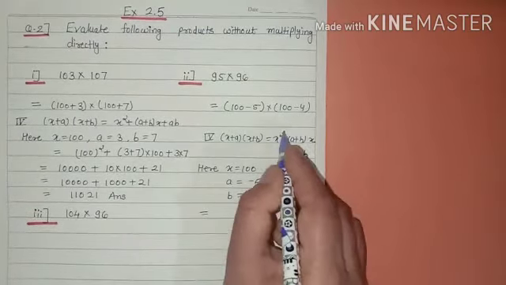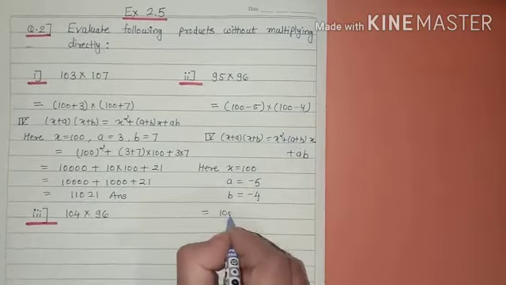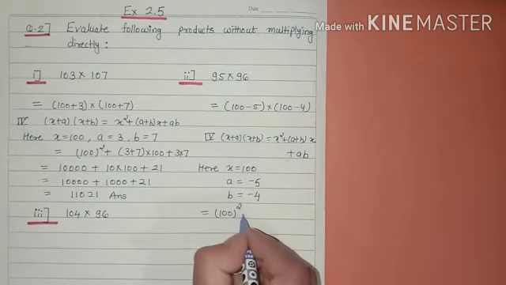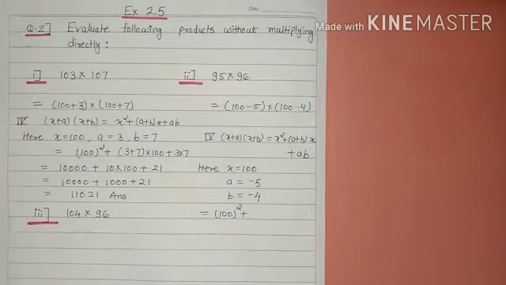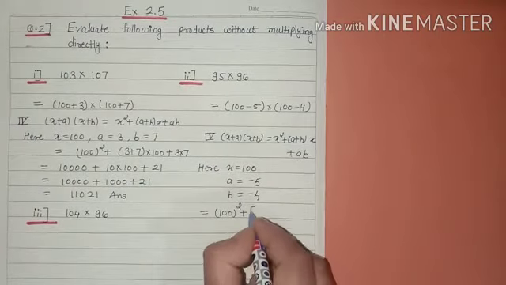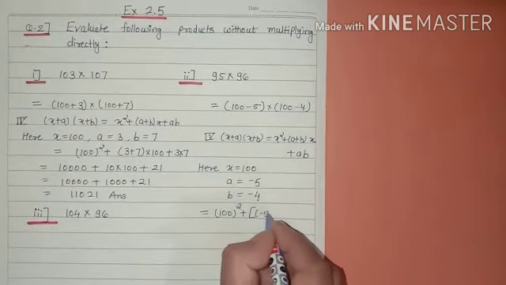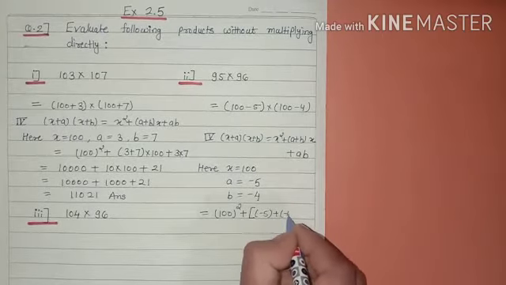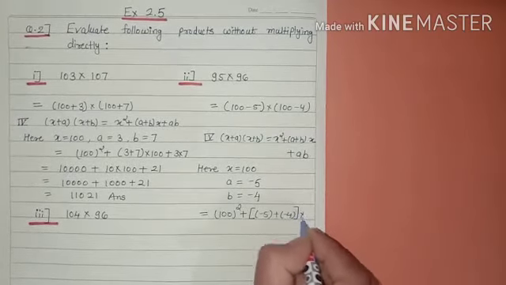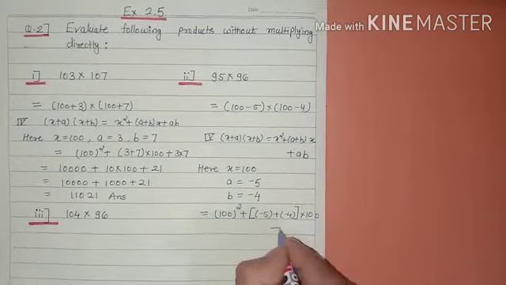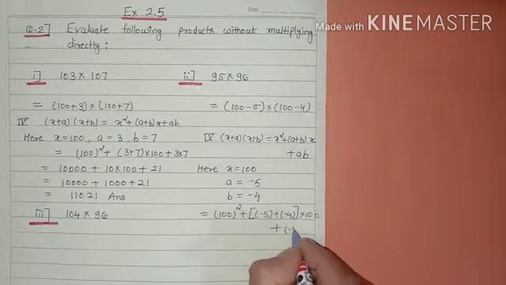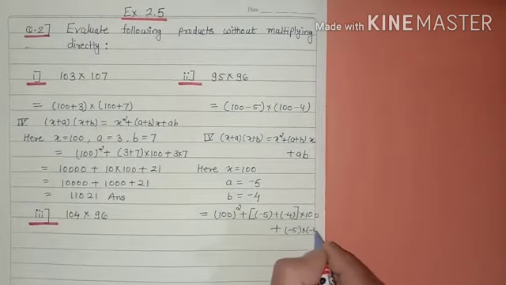Substitute all the values in the right hand side. X square, it means 100 square, plus within bracket (a plus b), a it means minus 5, b it means minus 4, into x 100, plus a into b, it means minus 5 into minus 4.